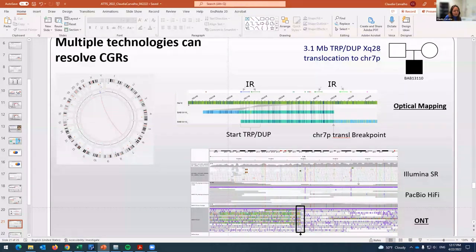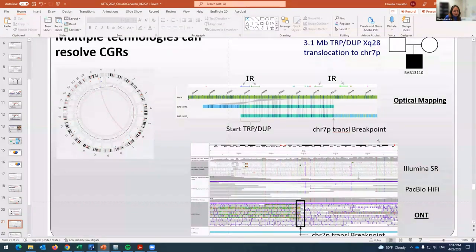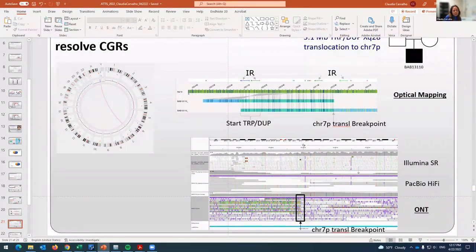We saw the triplication and the translocation to 7 in the same molecule. Using this information, we went to the short reads and the long reads, and the only one that could show the junction in terms of nucleotides was nanopore. But we had to use the optical mapping to find the junction in IGV.